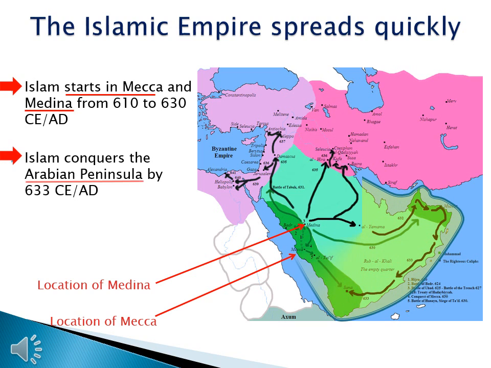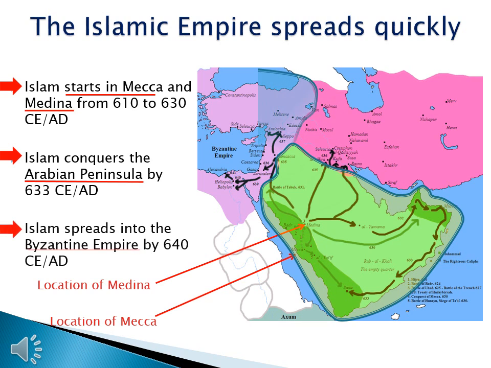Islam conquers the Arabian Peninsula by 633 CE, and then Islam spreads into the Byzantine Empire by 640 CE. So 10 years after Muhammad returns to Mecca, Islam and the Islamic Empire are already moving into another civilization. Go to the next slide.